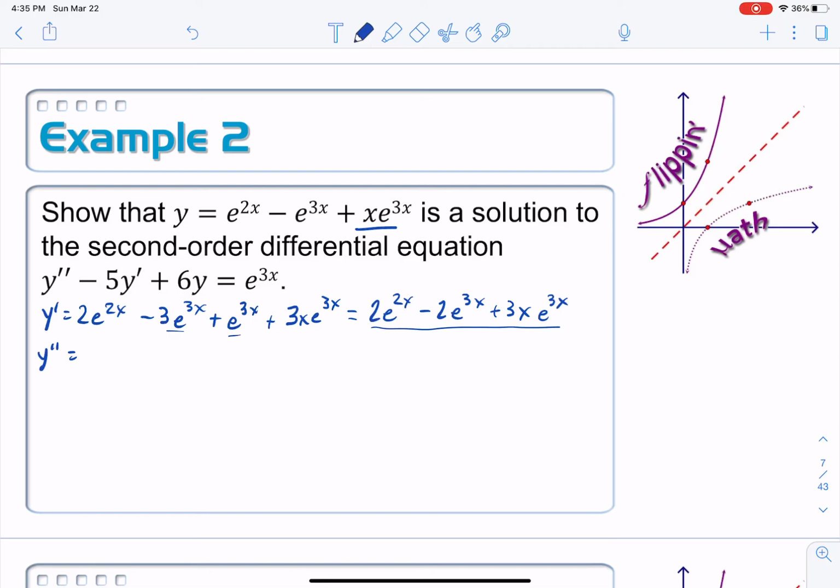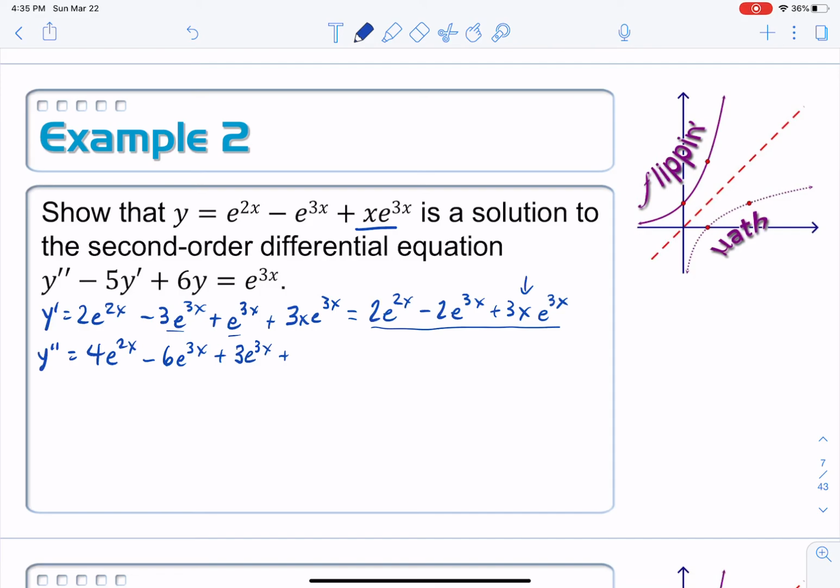2e^(2x), its derivative is going to be 2 times that, so 4e^(2x), minus, and I'll have this 3 that's going to multiply times the 2, 6e^(3x), and then we'll have to use the product rule one more time on this one, plus derivative of the first is just 3e^(3x), and then the second one is going to be 3x times the derivative of e^(3x).